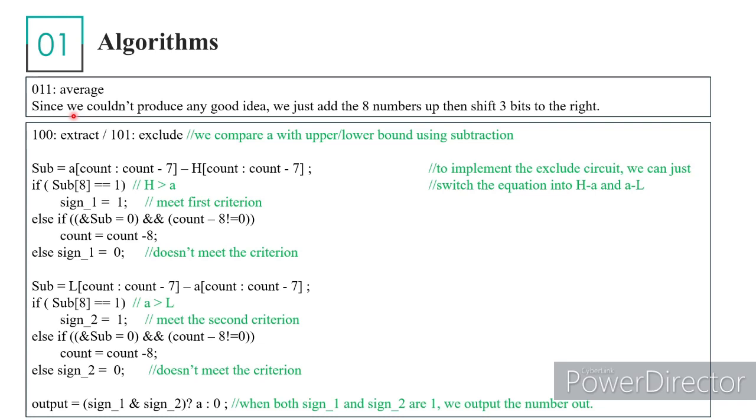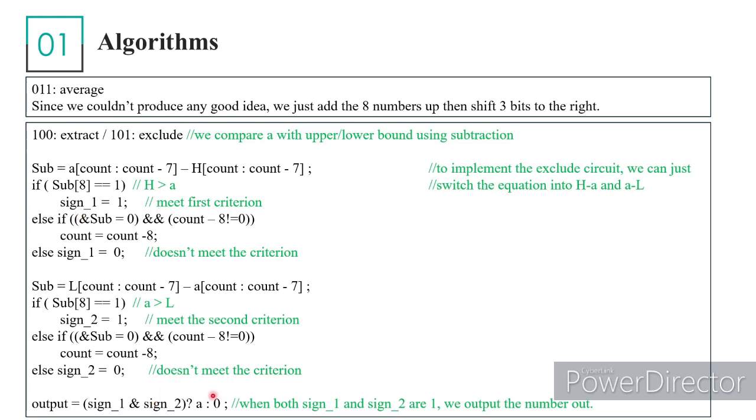Now for the extract circuit and exclude circuit. We still use subtractor as our comparator. In this place, we have 2 indexes, sign 1 and sign 2. If a sign index is set to logic 1, it means that it meets the criterion we set.